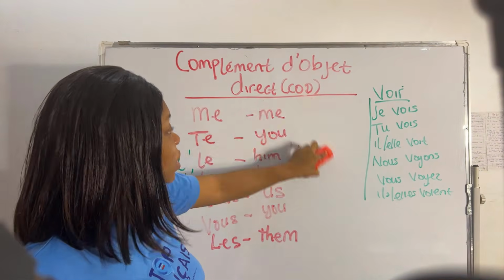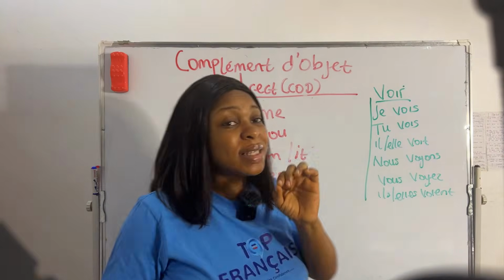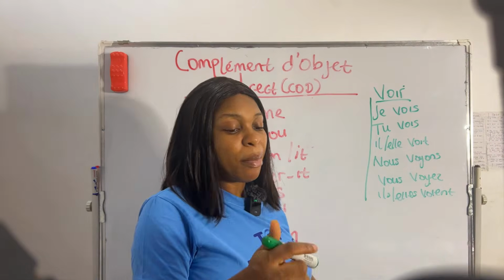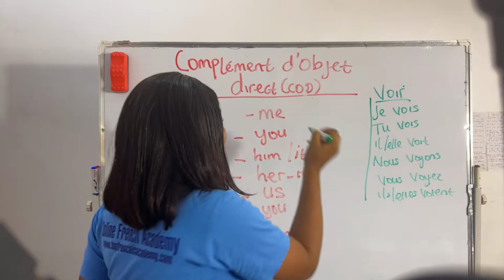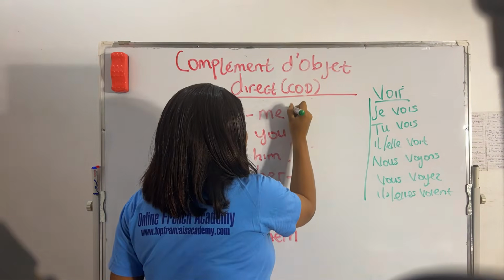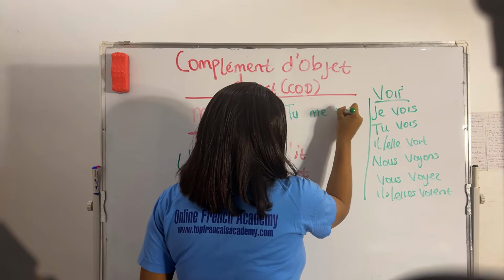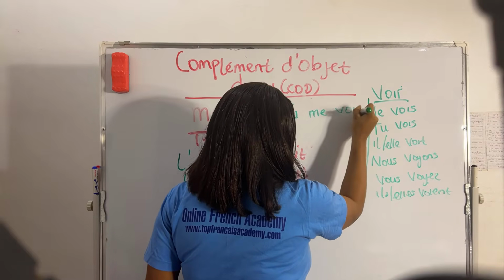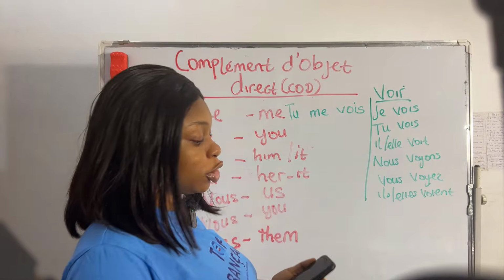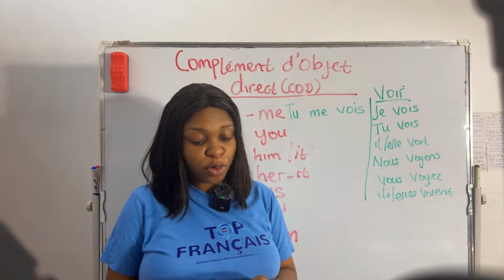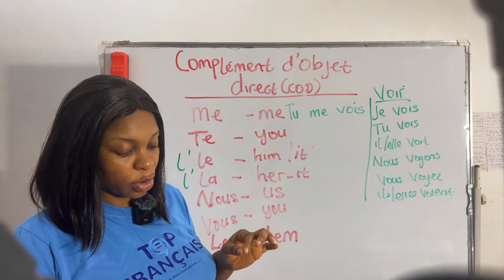So now, I want to say, you are seeing me. I'm going to write it like this: tu me vois. Don't be confused at all.